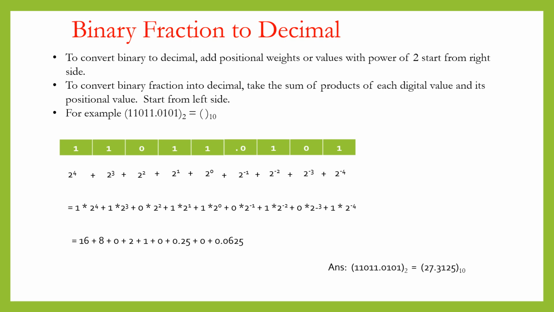When we add all these values together, we get the decimal number 27.3125. So the answer is 27.3125.